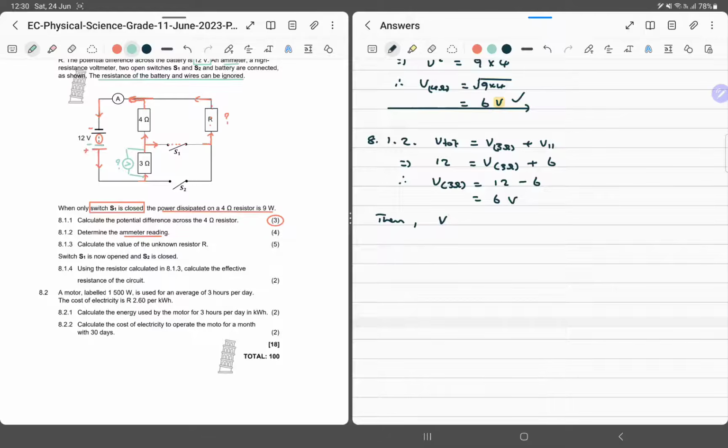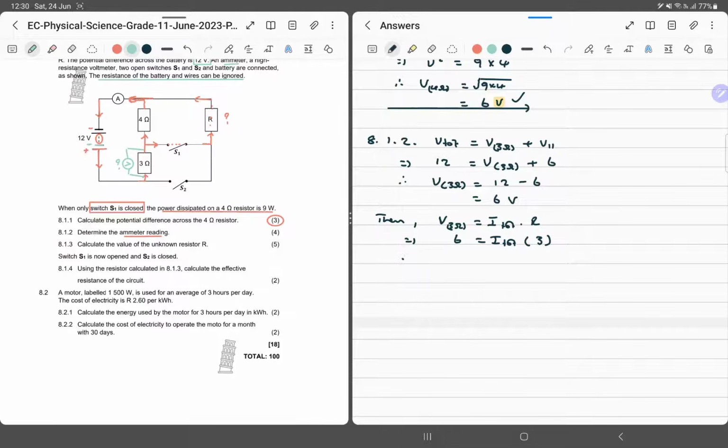We know that V across the 3 ohm resistor is going to be the total current, because it receives the total current, times R. This one is 6, we calculated. The total current is what we want. The resistance is 3.